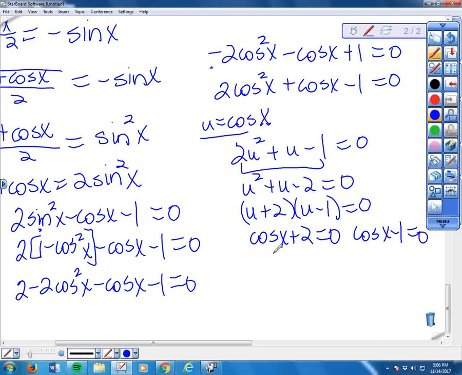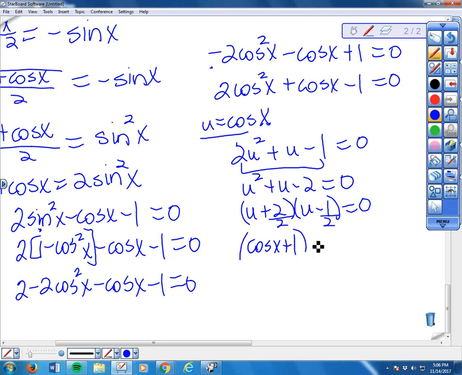So cosine x equals negative 2. Or, is that right? No, I forgot a critical part of the bottoms up method, didn't I? I've got to divide this by 2. So this is u plus 1, cosine x plus 1, and cosine x minus 1/2.